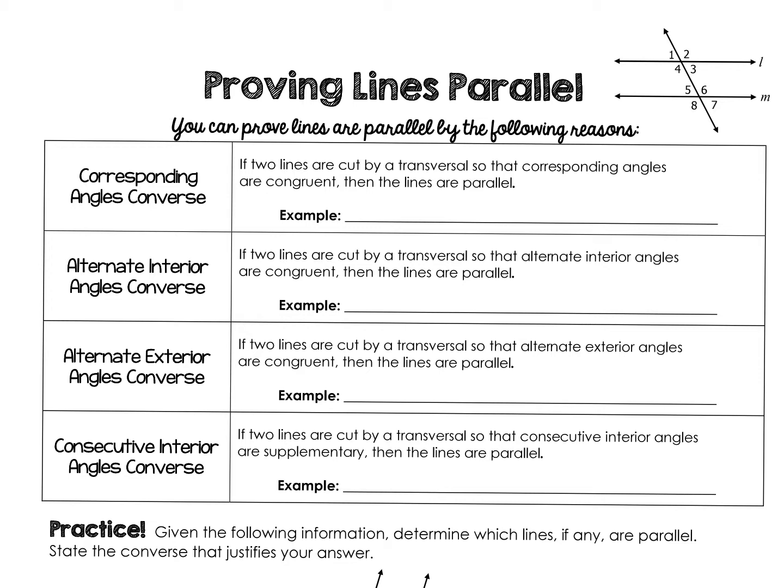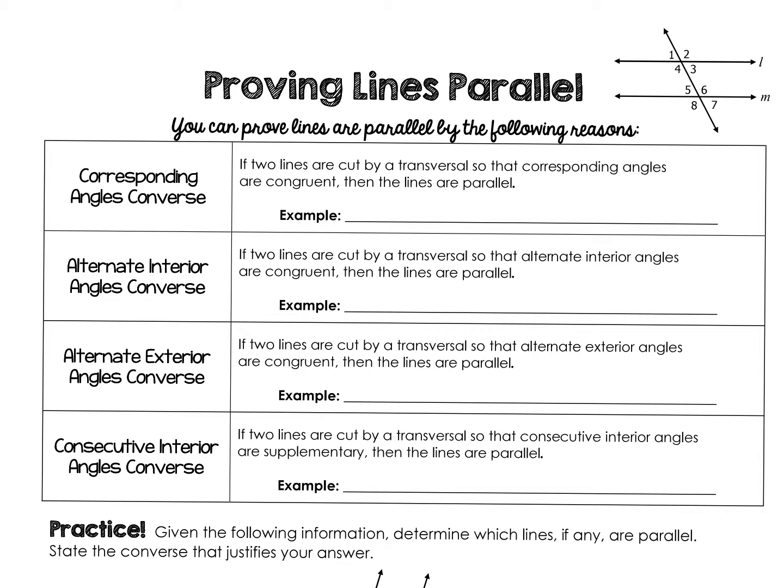So the first is corresponding angles converse. So the converse is like, well, let me just read it and I think it'll make sense here. If two lines are cut by a transversal so that corresponding angles are congruent, then the lines are parallel. So now instead of saying if the lines are parallel, then the corresponding angles are congruent, we can say if the corresponding angles are congruent, then the lines are parallel.